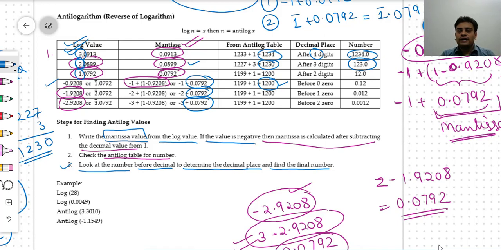So we need to look at how many zeros we need to put after decimal in the final number. I am repeating once again, how many zeros we have to put after decimal. In the first case, since my number before decimal is 0, we need to put 0 zeros in the number after decimal.